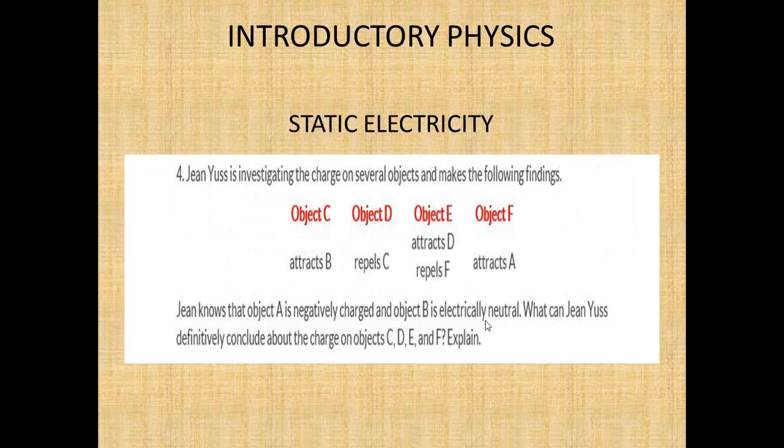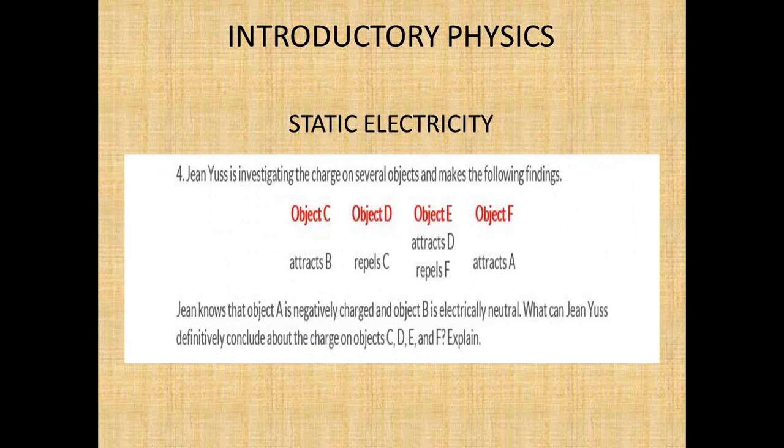So A is negative and B is neutral. What can Genius definitively conclude about the charge on C, D, E, and F, and explain?